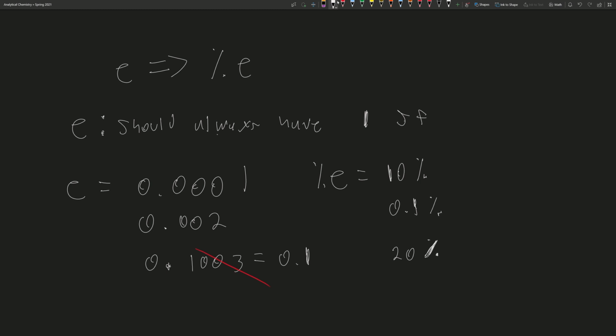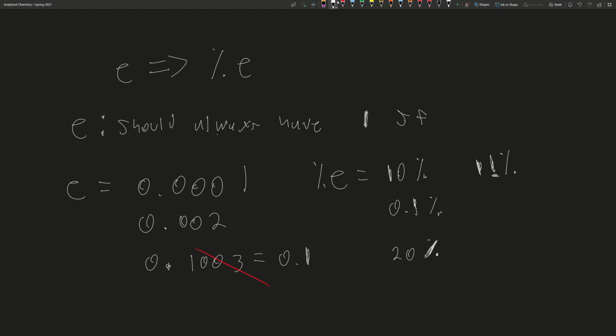Now, a lot of the times you may get something like 11%. The rule for this is if you only have one significant figure and that significant figure is 1, you should keep the digit to the right of the 1 and just make note of it, because it's considered not proper to throw away the digit if the only digit that you have is 1. So we should keep the 1 in this case right here.